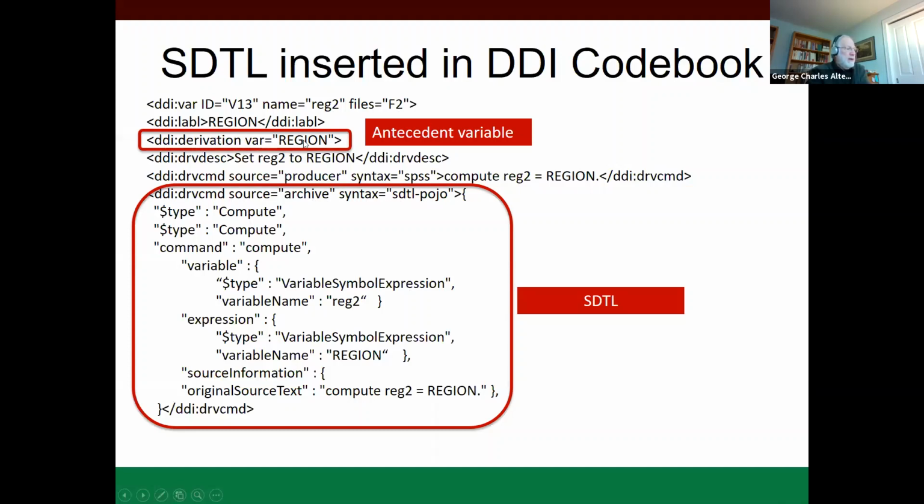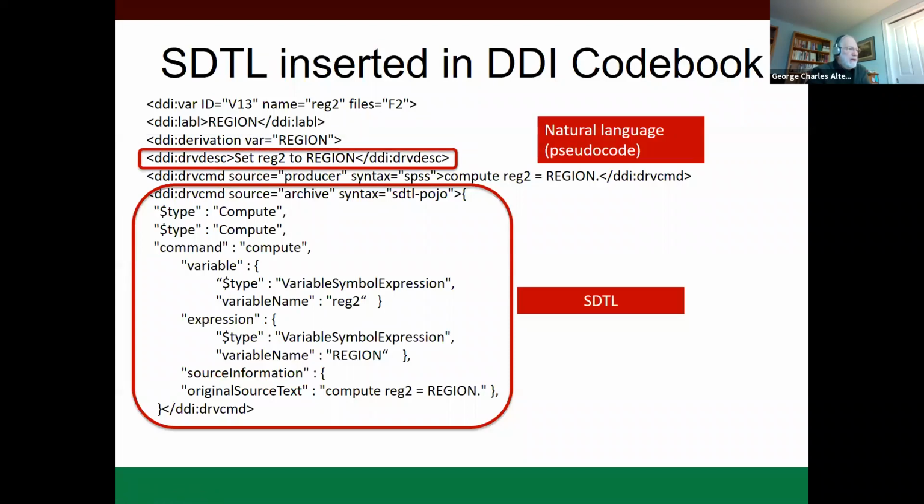This DDI tag points to a variable that was used in the creation of the new variable. And here we have the natural language or pseudocode version of the command. So DDI 2.5 captured all of the things we saw in that codebook. That's how the codebook works.